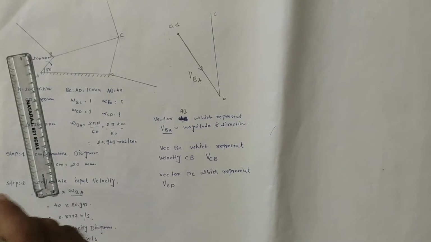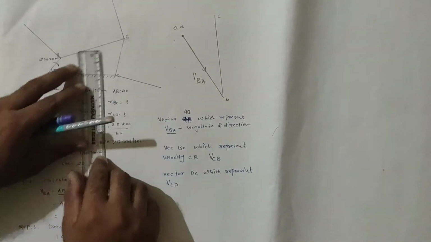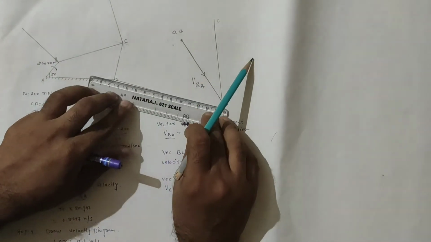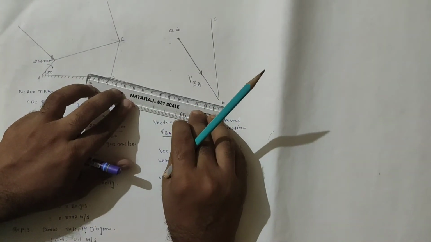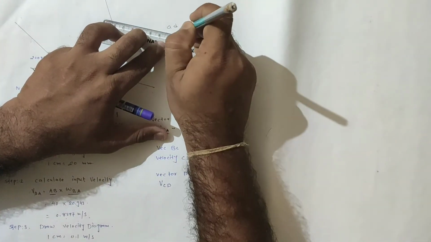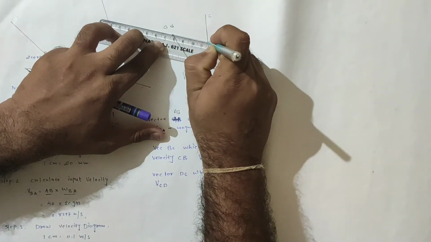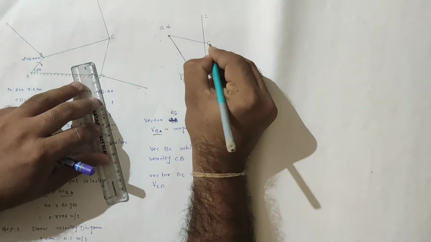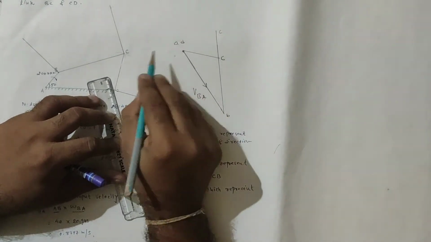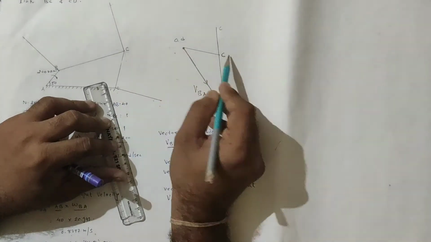Velocity of CD. So how can we draw it? This is the link, and this line is perpendicular to this link. So we have to move this one, it may be like this, and from point AD we have to draw over here. This is the point C that we have to draw. So we have to move from D to C.